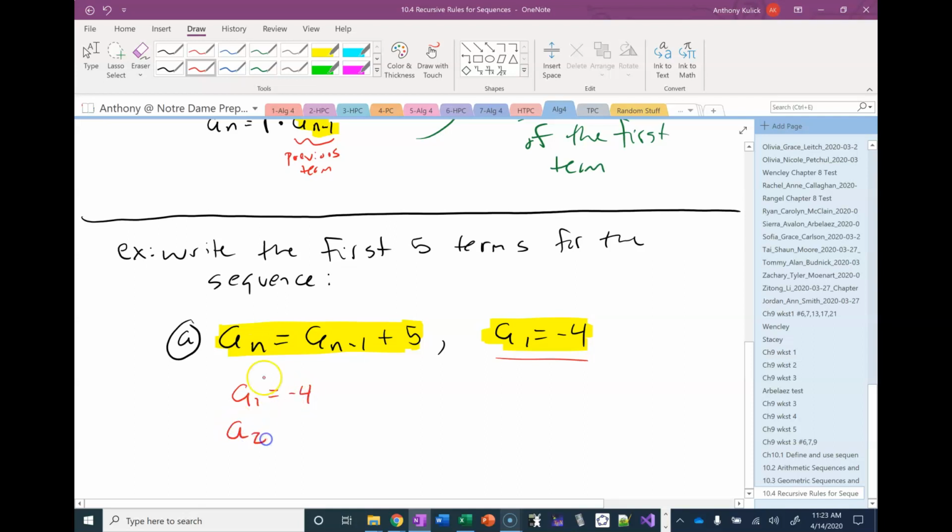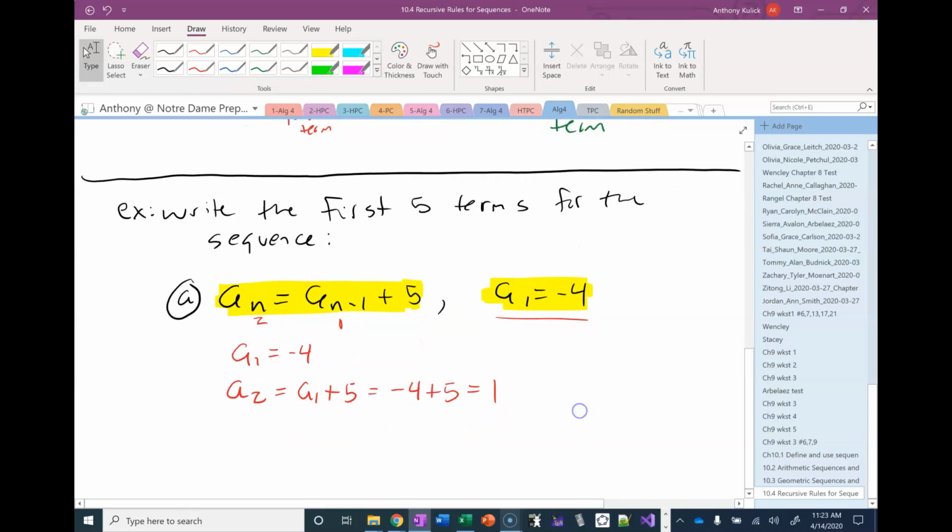To find the second term, here n is 2, so n minus 1 would be 1. So we need the first term, which we know is negative 4. So negative 4 plus 5 is 1.